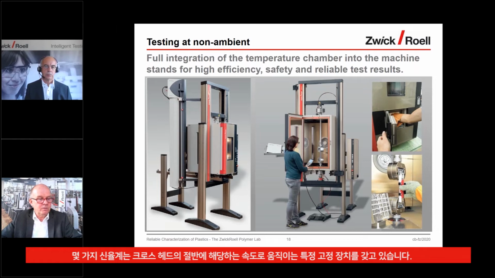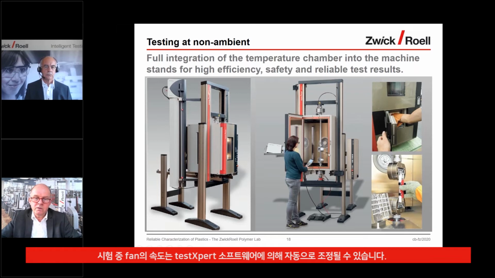For some of the extensometers, there is a specific mounting of the extensometer, which moves it at half of the crosshead speed. So this ensures at the end of the day a better use of the available field of view, and by this very reliable measurements over a long range.